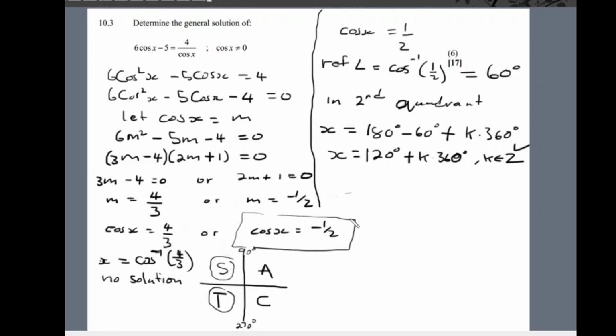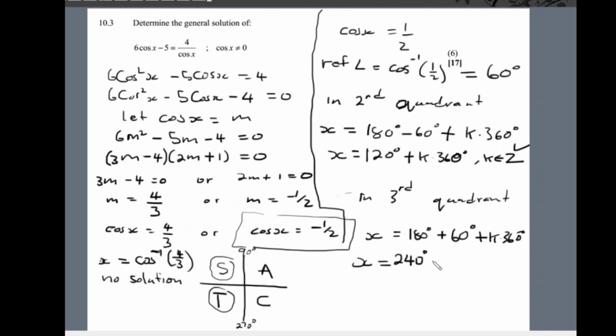So in the third quadrant, we will have that x will be equals to 180 degrees plus our reference angle, which is 60 degrees, plus k 360 degrees, where k is an element of the integers, and then x is equals to 180 plus 60 is 240 degrees plus k 360, where k is an element of integers, right?